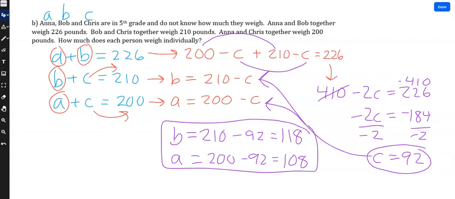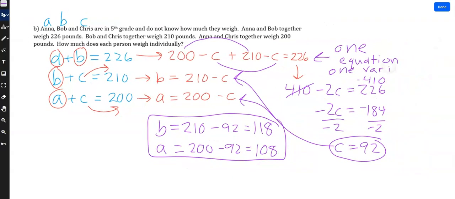The key thing is you want one equation with one variable. That's the key, and once you can do that, then you just start solving. Okay. That's it for these notes.